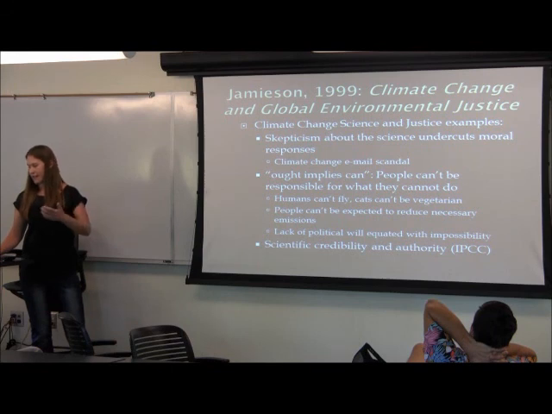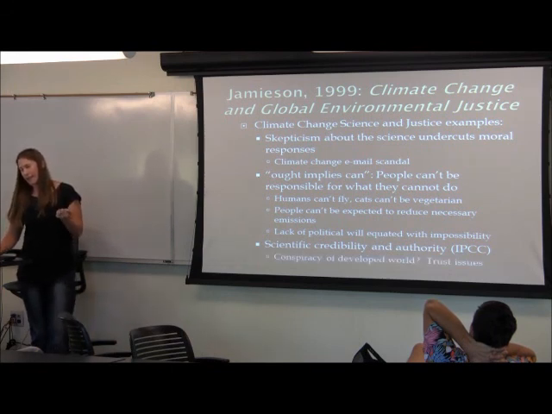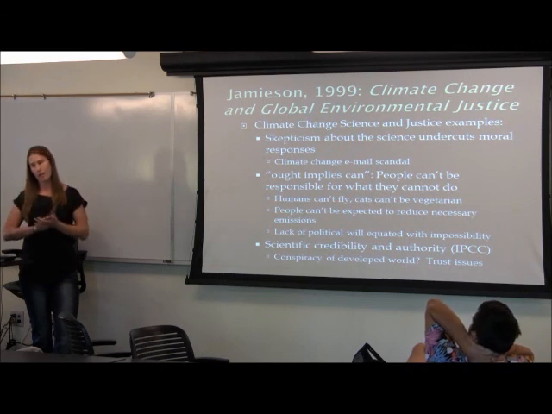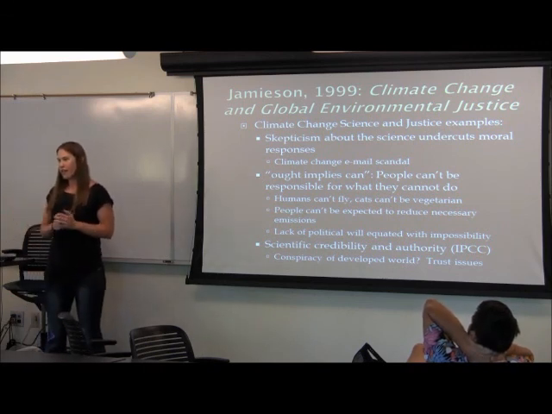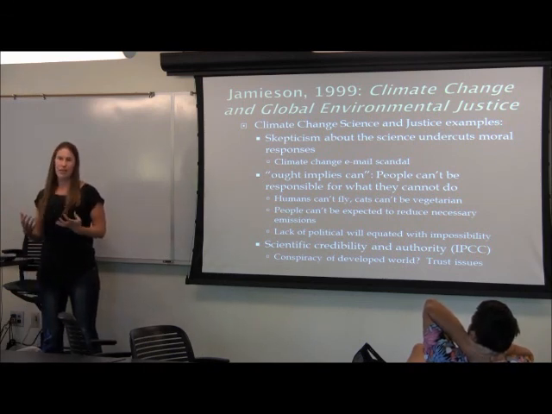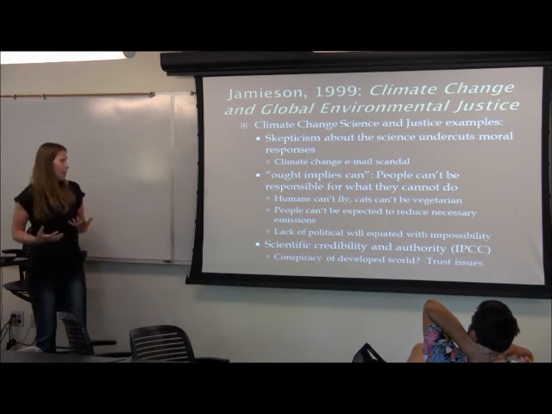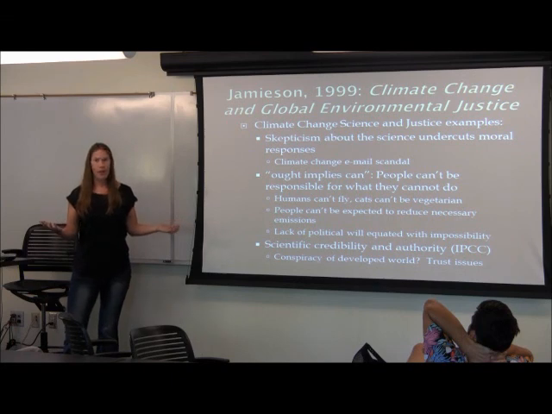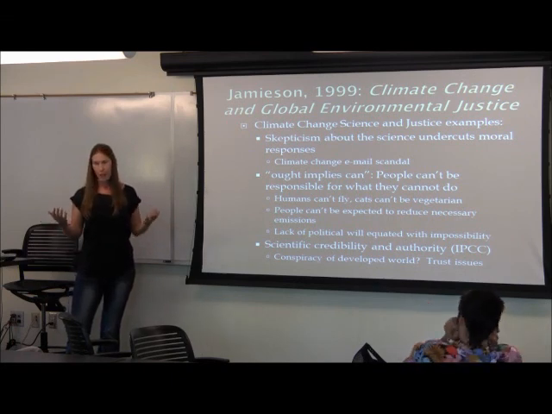Finally, this is a lot like the first one. So the credibility. The IPCC, the Intergovernmental Panel on Climate Change, is viewed by a lot of people as this great effort, all these scientists coming together, trying to do good for the world. You know, they're looked at as sort of an authority on climate change and environmentalism. But from the developing countries' point of view, it's a group of scientists that come from the developed world.